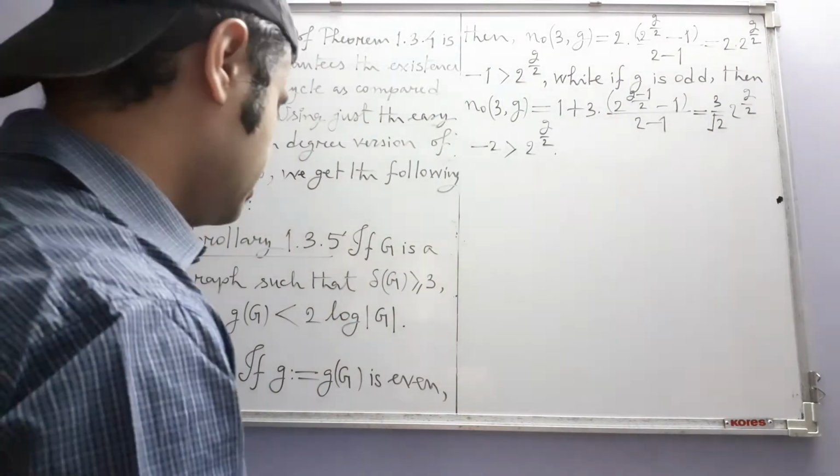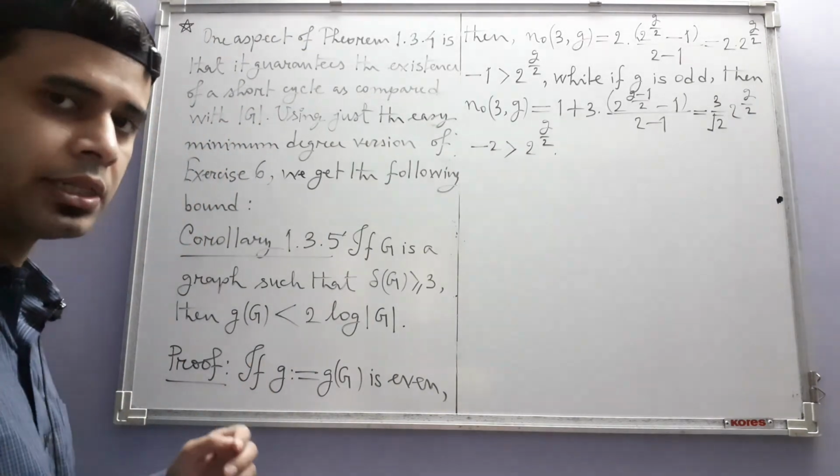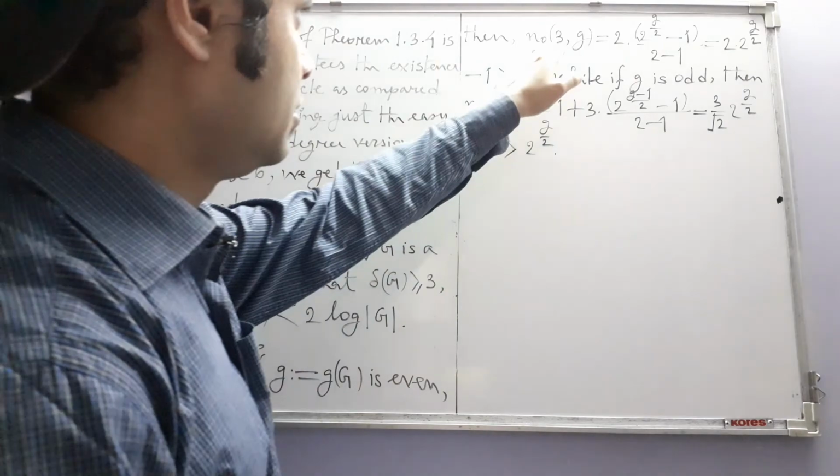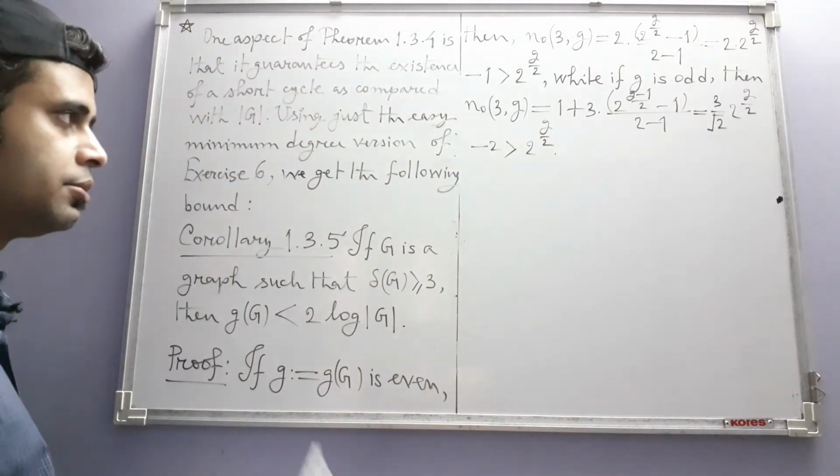So we see that whatever the parity of the girth be, whether it is even or odd, this number is always greater than 2 to the power g by 2.